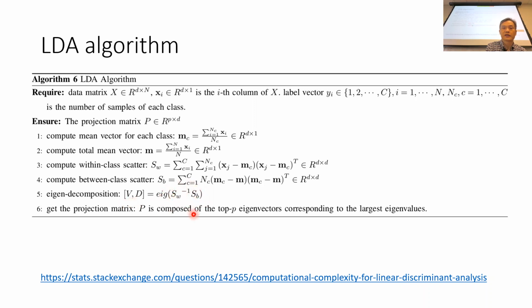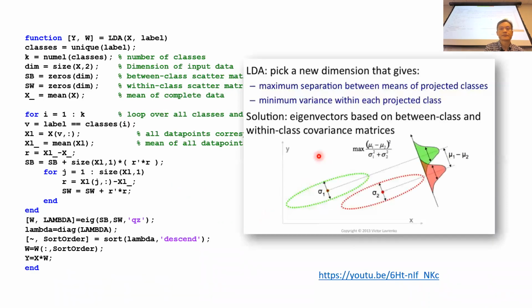You get eigenvectors, which correspond to the top eigenvalues. Those vectors are the solution. So this is the MATLAB code for LDA. Just that simple.